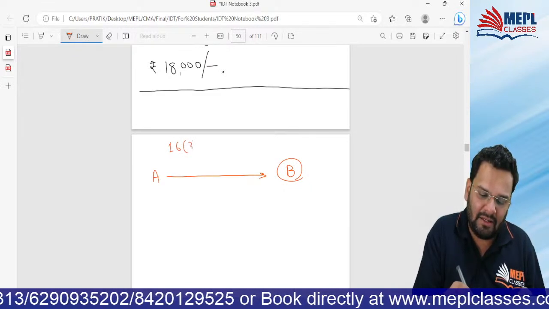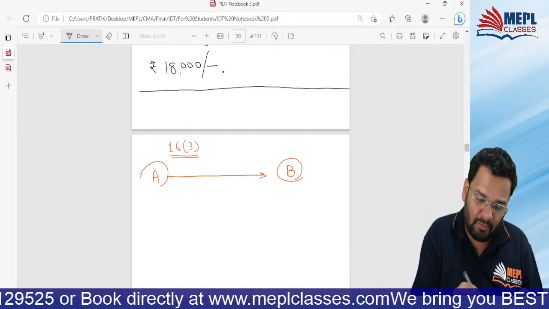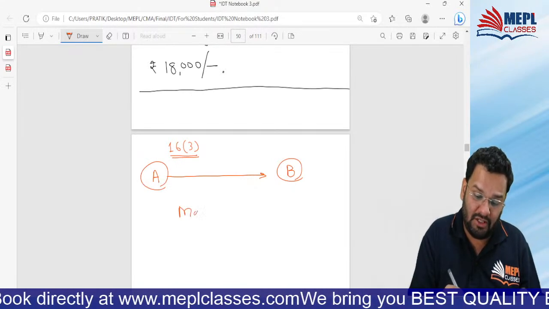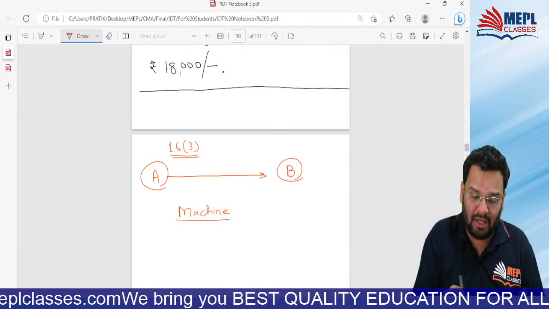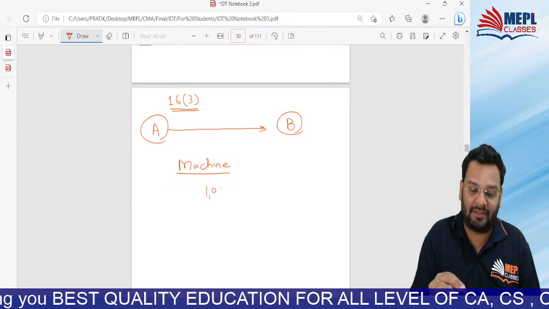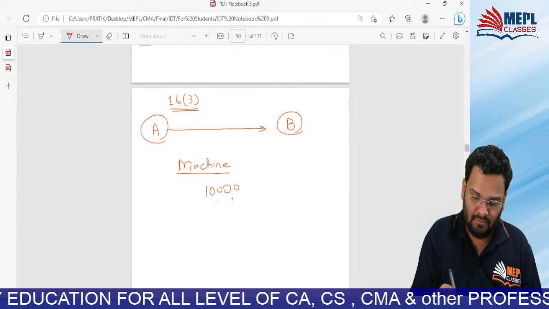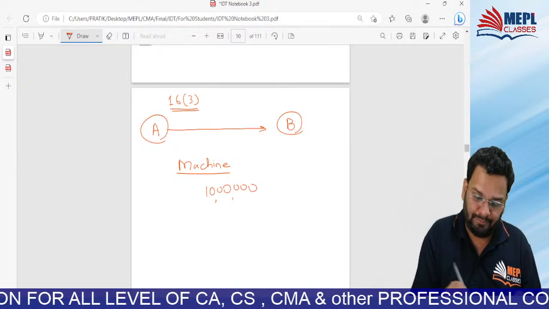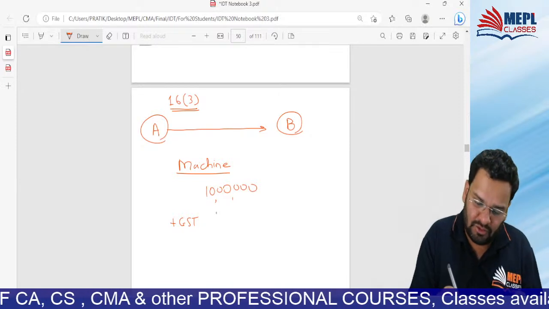This B is purchasing a machine from A for rupees 10 lakhs, plus GST of say 1,80,000.